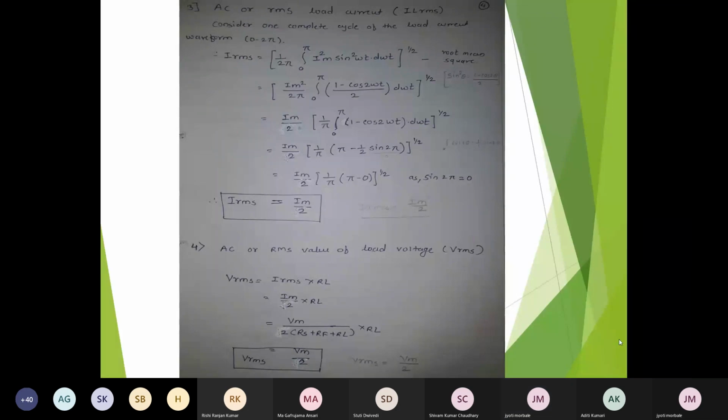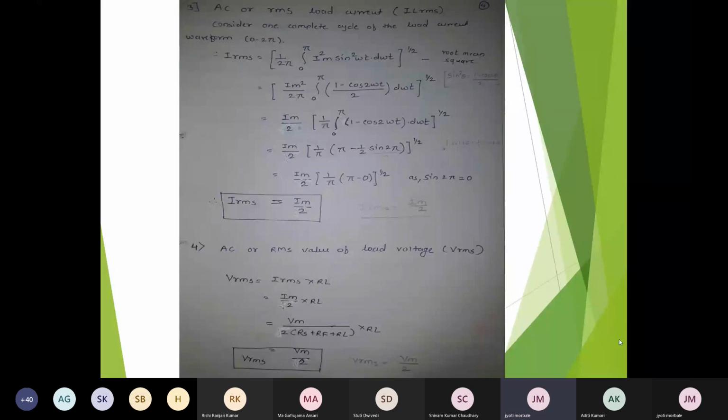Next is RMS load current. RMS stands for root mean square. The AC or RMS load current, the amount of AC present in the load current, we are going to find out with this equation: IRMS is equal to Im by 2. This is the equation for the half wave rectifier.